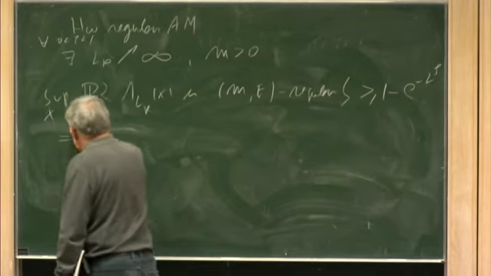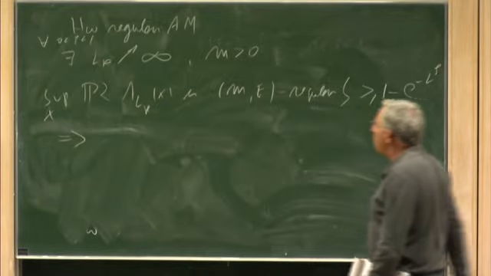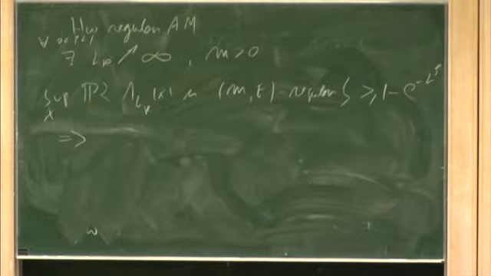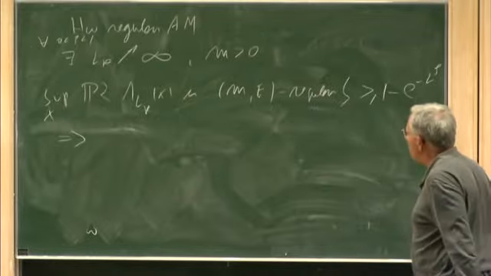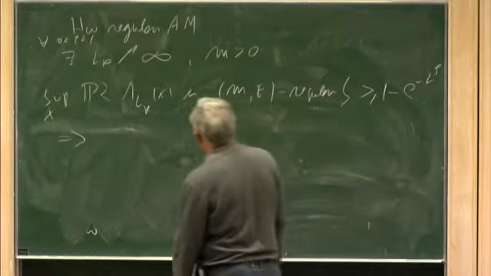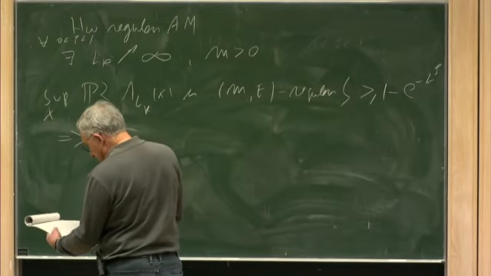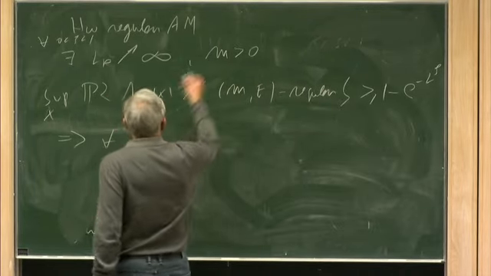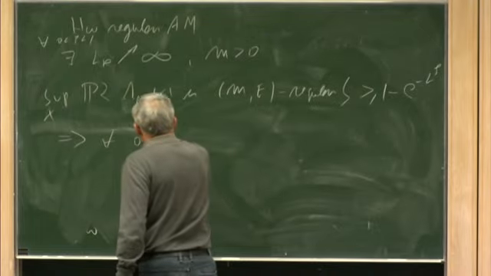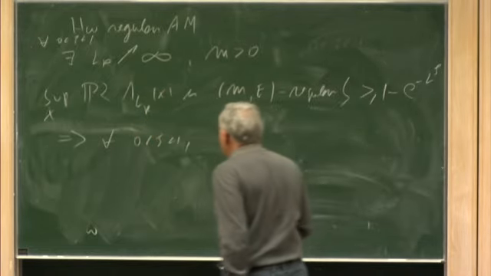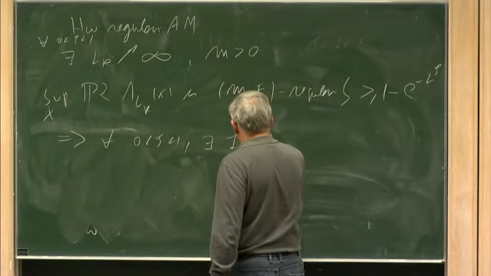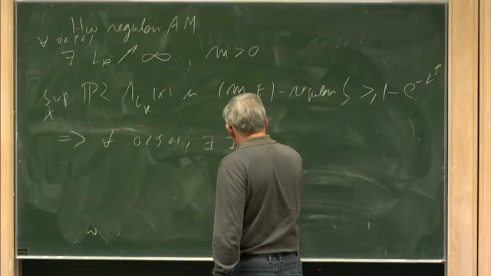So, I could have skipped this step, but since we already discussed it, it simplifies what comes, and I'll start from that. And what I will actually show is that for every zeta, I can find a length scale.